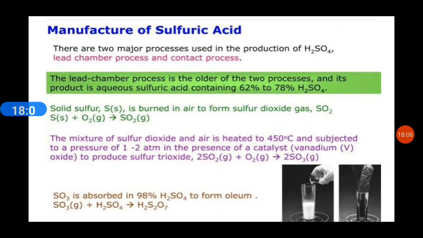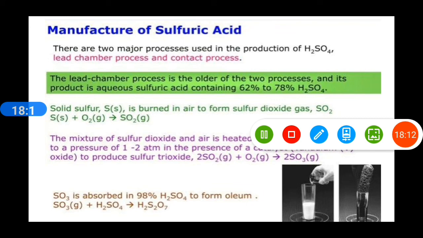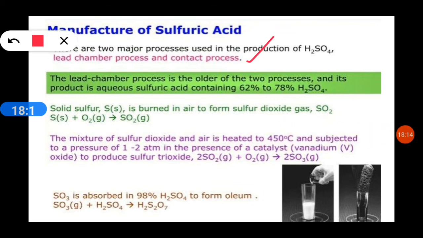Manufacture of sulfuric acid. The two major processes used in production of H2SO4 are lead chamber process and contact process. Lead chamber process is the older one. In contact process, the first step is oxidation of sulfur to sulfur dioxide.